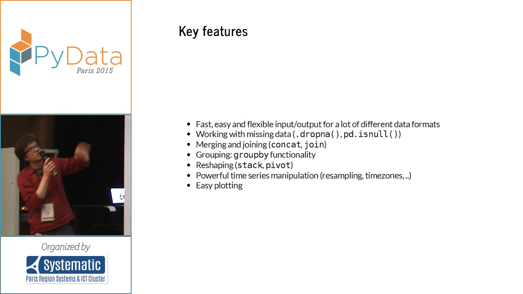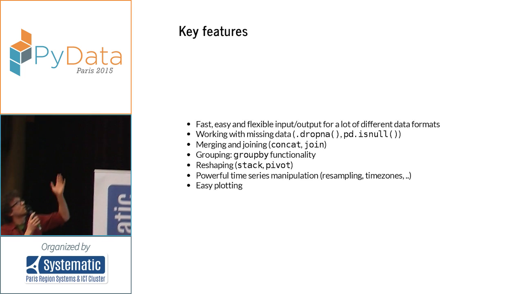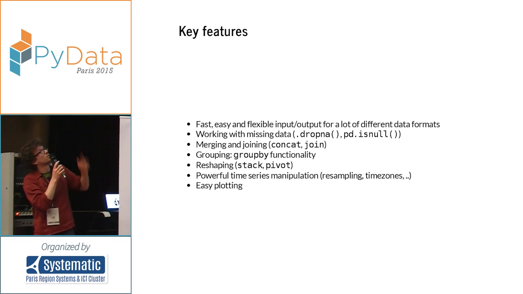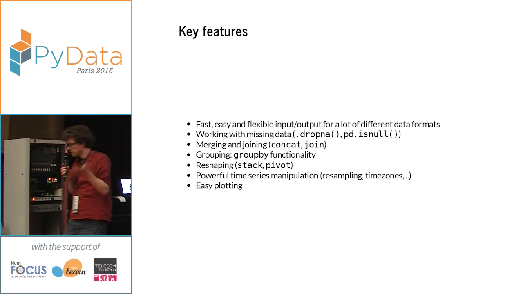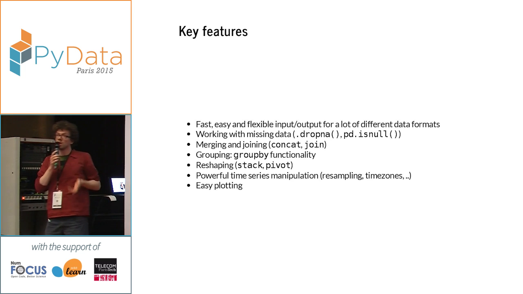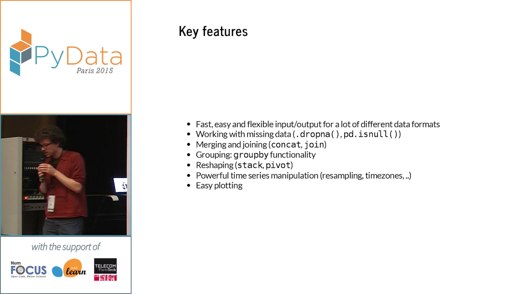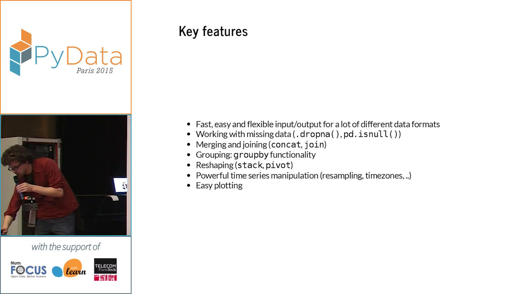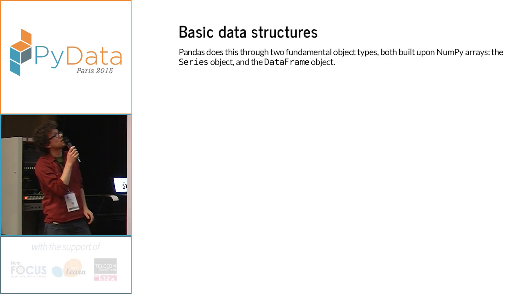Some of the key features, I will show later on with some code. But I already said it: the import-export functionality, also working with missing data, very powerful time series manipulation functionality, all the reshaping, merging, things like that, and also some easy, quick plotting functionality.